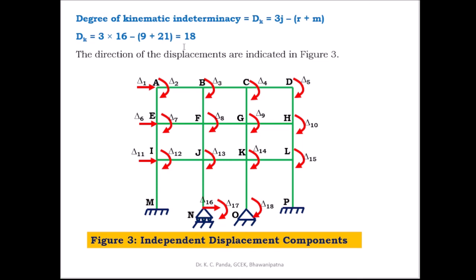Then you can give the independent displacement components at each joint. At joint A there are horizontal displacement and rotational displacement, but at joint B there is no vertical displacement and no horizontal displacement, only rotational displacement.